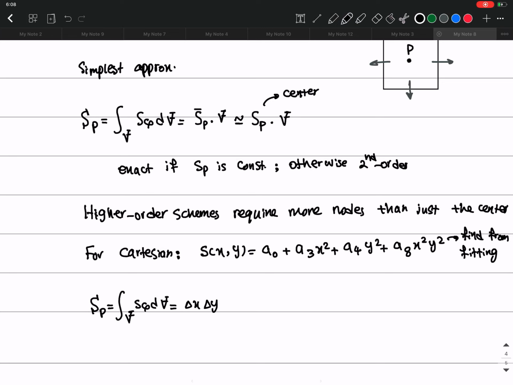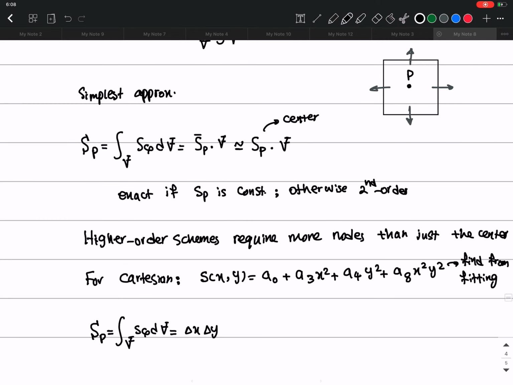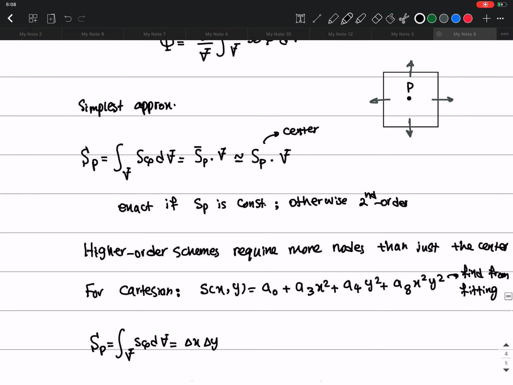If you don't remember what delta x and delta y are, this is delta x, and this is delta y.